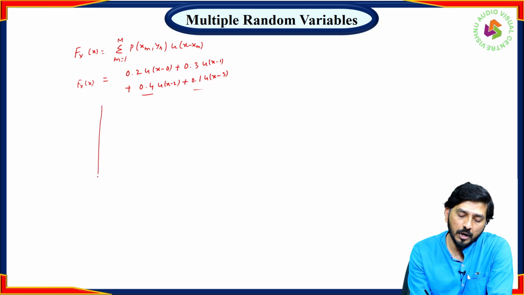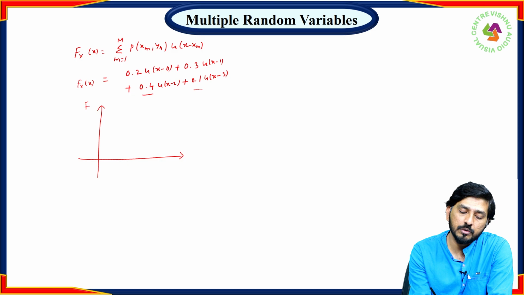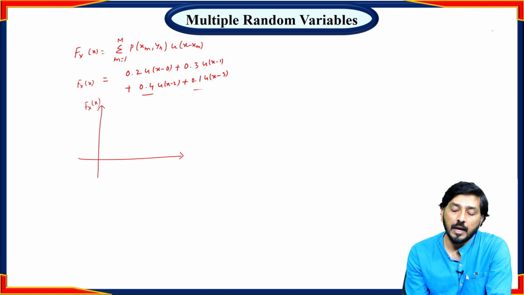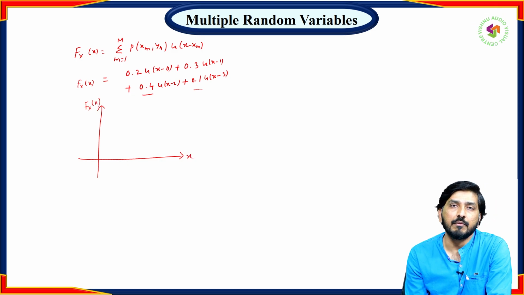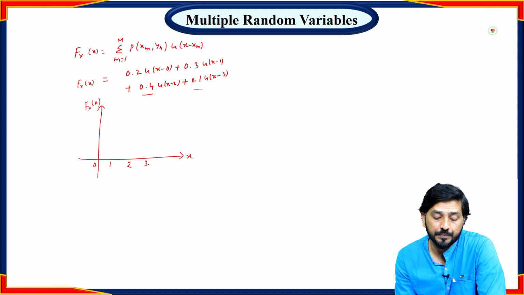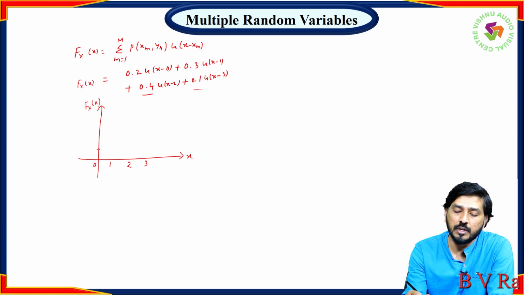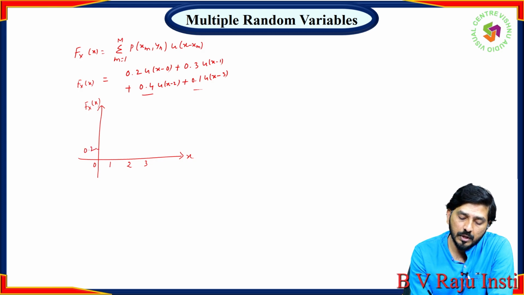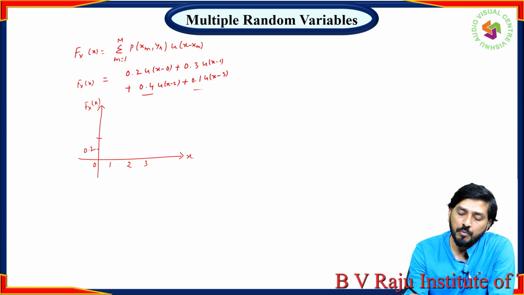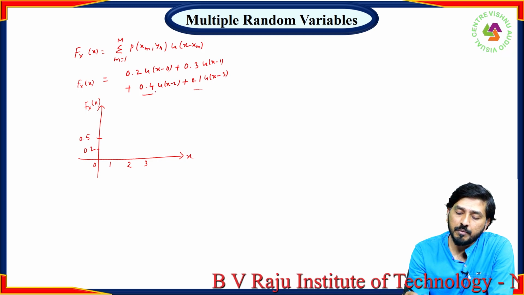Now coming to the plot, the y-axis represents the marginal distribution, and the x-axis represents the random variable. The values of the random variable range over 0, 1, 2, 3. This is given already in the table. Now please mark the values of the distribution function: first 0.2, then 0.2 plus 0.3, which is 0.5, then 0.5 plus 0.4.